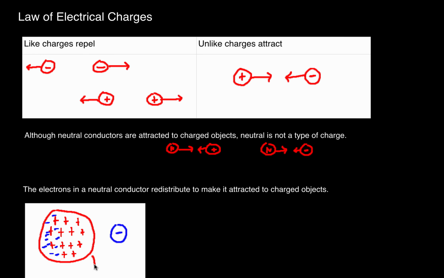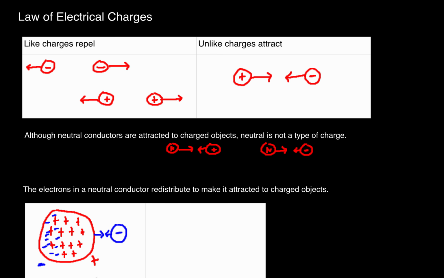So we have an overall positive end and negative end to our neutral object. It's still neutral because it still has an equal number of positive and negative charges, but now the positive side can be attracted to our negatively charged object.